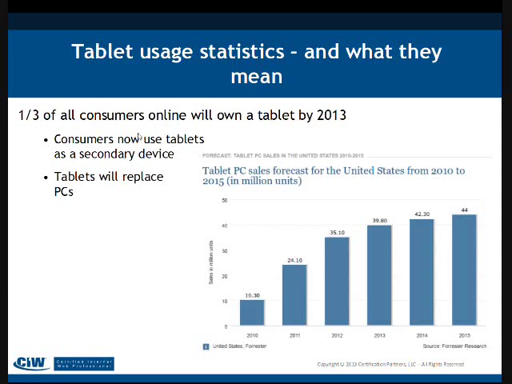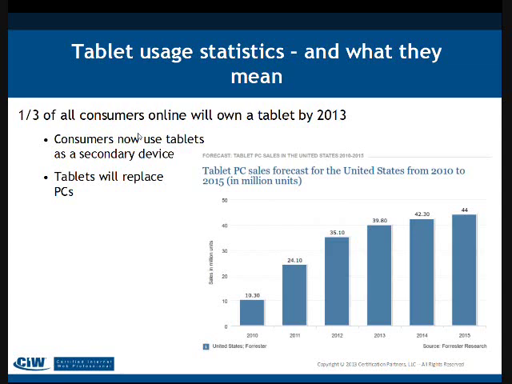About a third of all consumers online will own a tablet by 2013. That's just next year. And you'll notice that you have a significant number of units, at least 44 million by 2015, that will be sold according to Forrester Research. Tablets are going to replace PCs by and large.